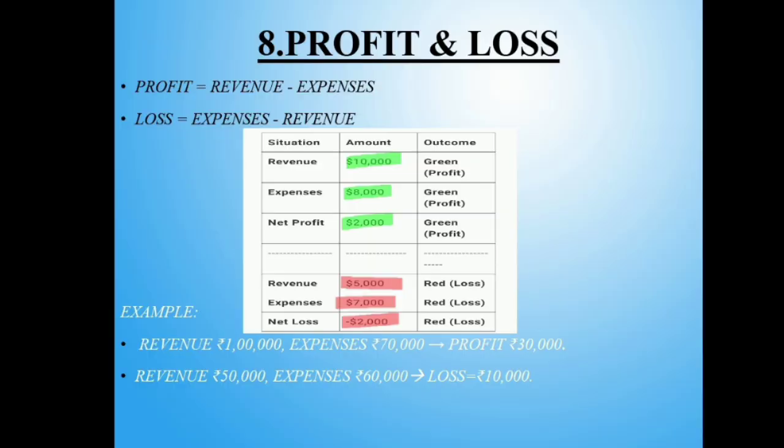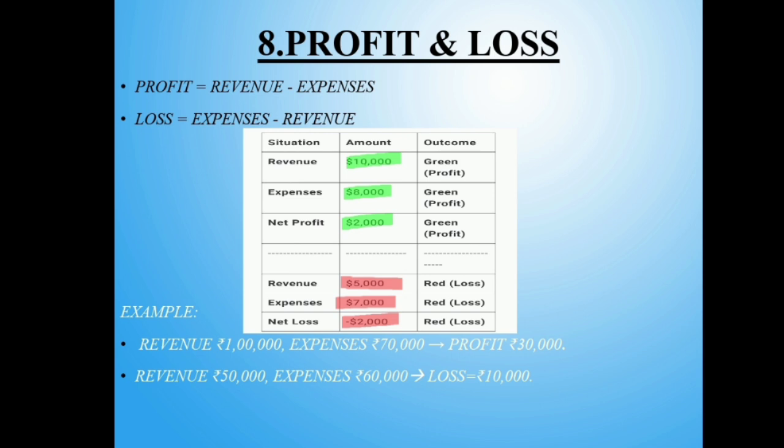The next one is profit and loss. Profit and loss are important concepts in business and accounting. They help us understand whether a business is making money or losing money. Let's take two examples to make it easy.